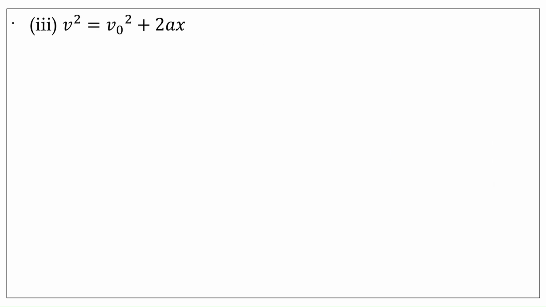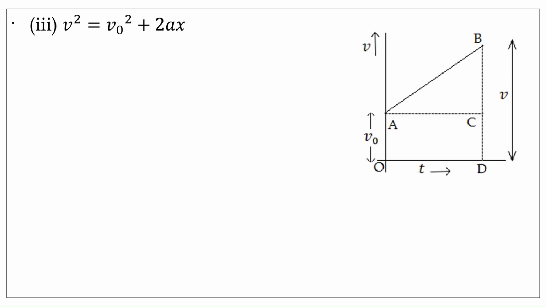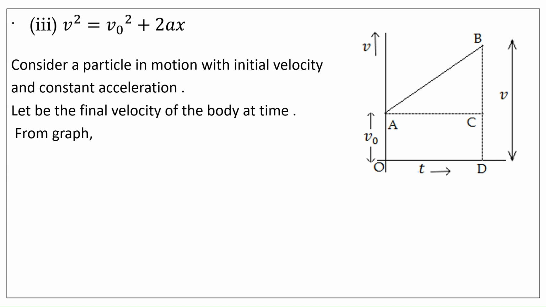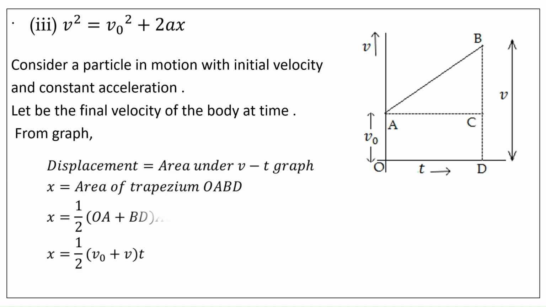3. v square is equal to v0 square plus 2ax. Consider a particle in motion with initial velocity v0 and constant acceleration a. Let v be the final velocity of the body at time t. From the graph, displacement is equal to the area under the vt graph.